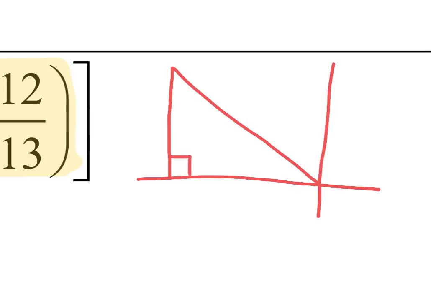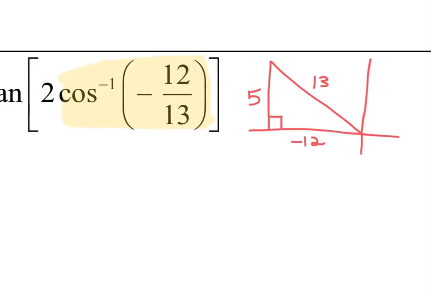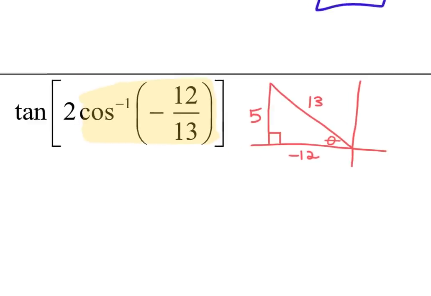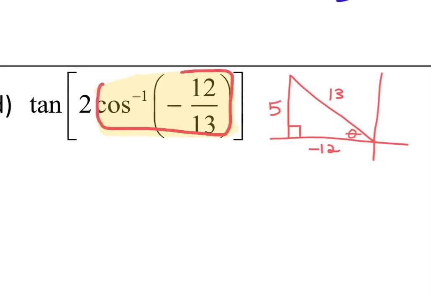And the cosine is adjacent over hypotenuse, and because it's the second quadrant, your x value is negative. Remember that this is a 5, 12, 13 triangle, so that you don't have to do the Pythagorean theorem. Let's call this theta, and the answer to what I highlighted in yellow is theta.